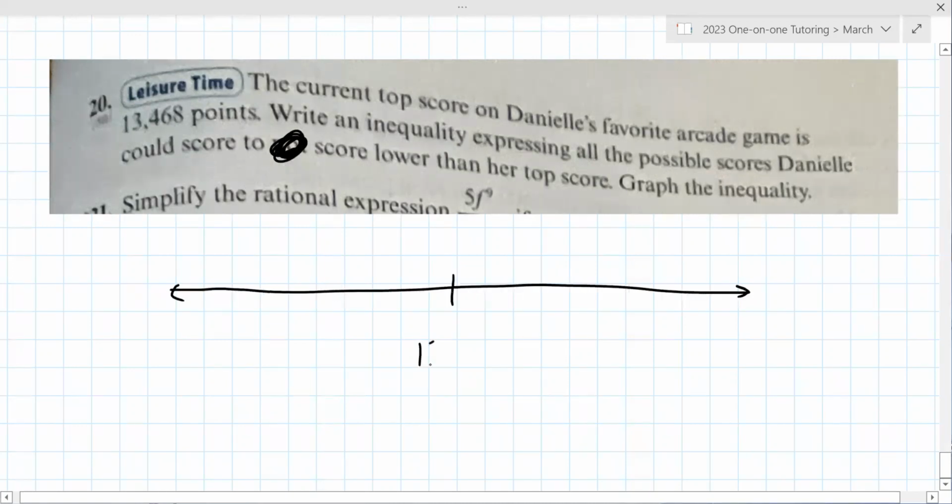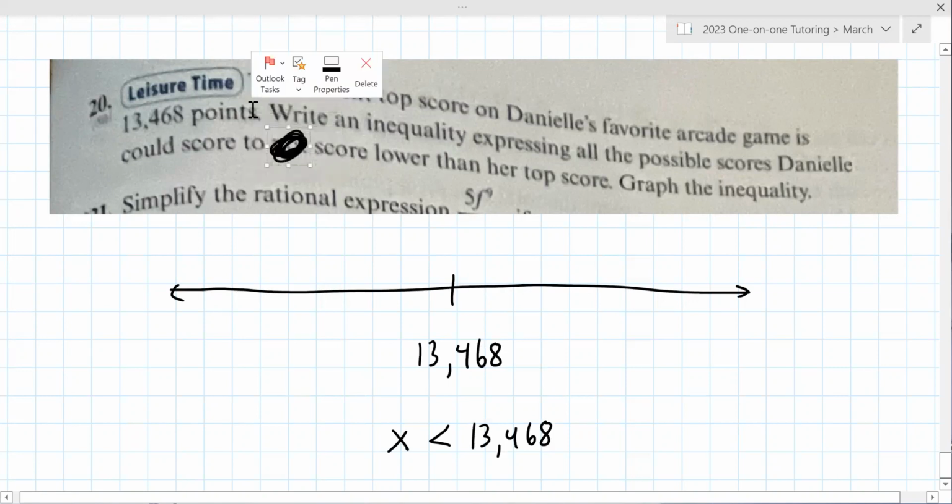So here's the number 13,468. The way it's written, to score lower, it would be everything to the left of it. Okay, but we don't want left. We want the not. So the not changes this to the other direction.